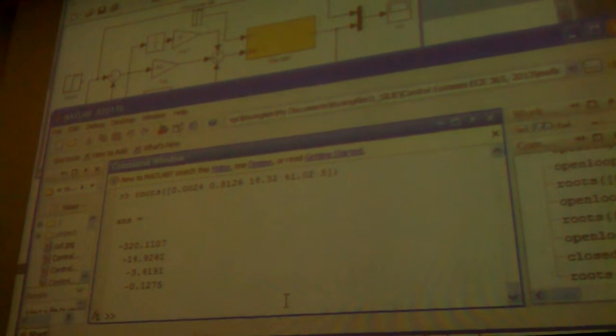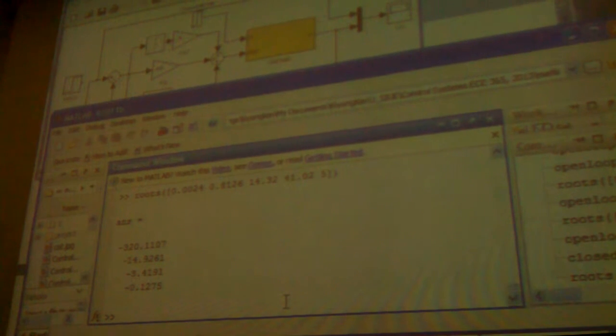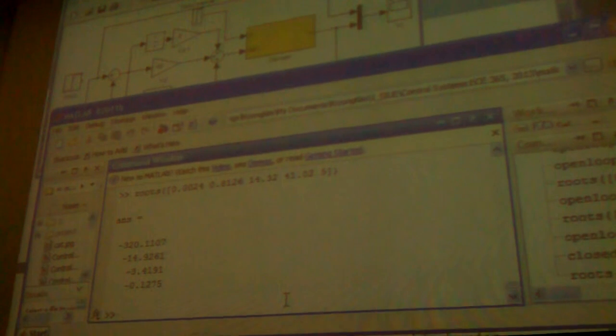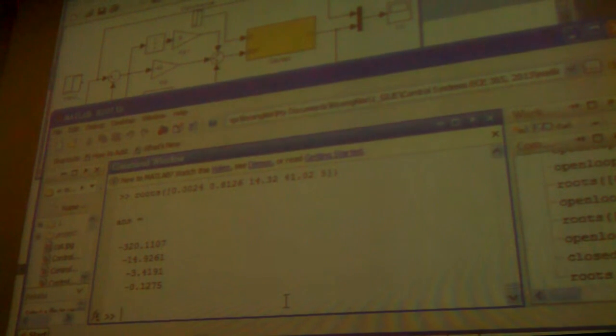So your zero is the new closed loop one. Now 330.